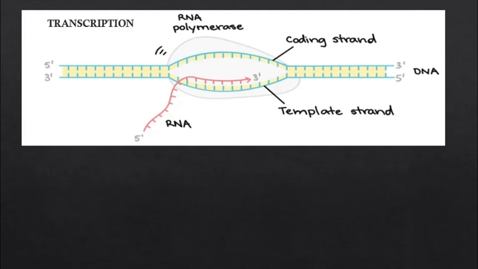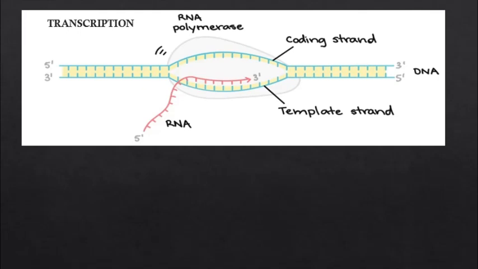Now, how are we going to transcribe into a message? In this step, an enzyme called RNA polymerase comes and binds to a specific sequence. As soon as it binds to that sequence, the two strands of DNA break.